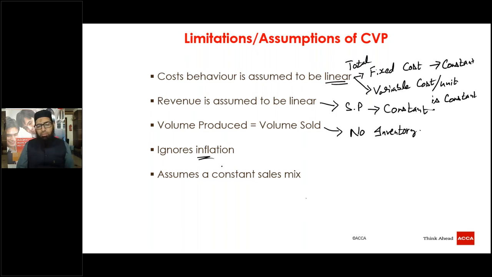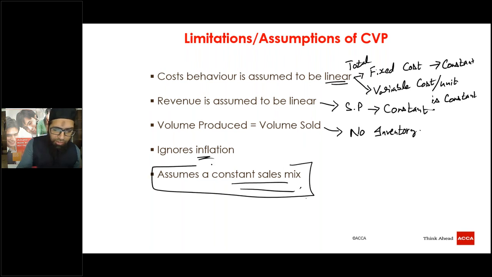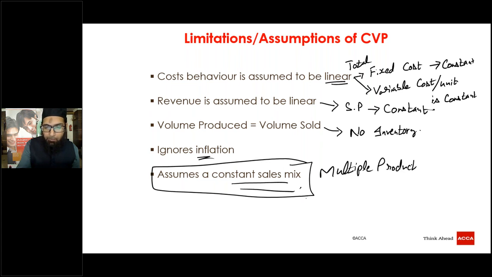And the last assumption, which is also very important, is that we assume that the sales mix will be constant. It will not change. But this assumption we will be using when there are multiple products, and we have just covered the break-even point topic of a single product.